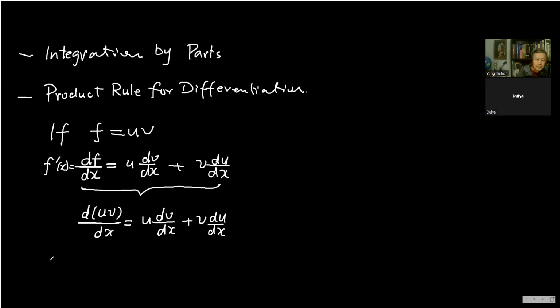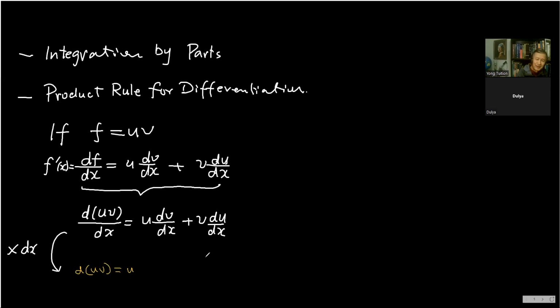Now, if we just multiply by dx on both sides, can you tell me what we can obtain? Do you want to participate? Do you want to write? That's right. So dx disappeared, because you multiplied it by dx.